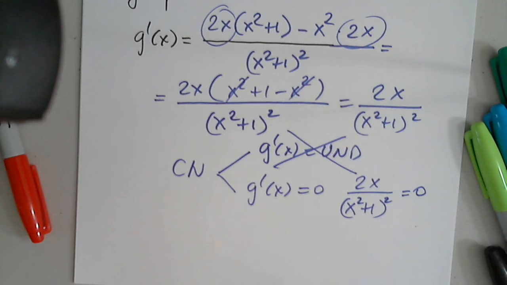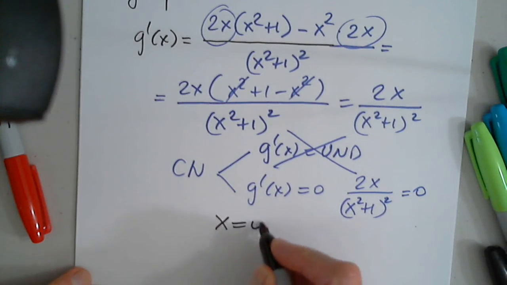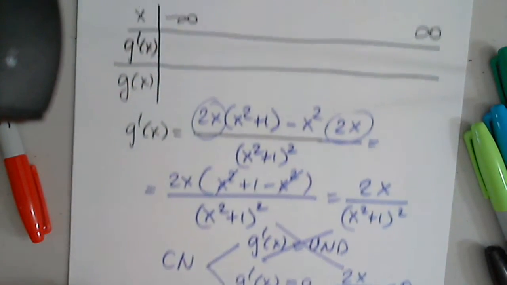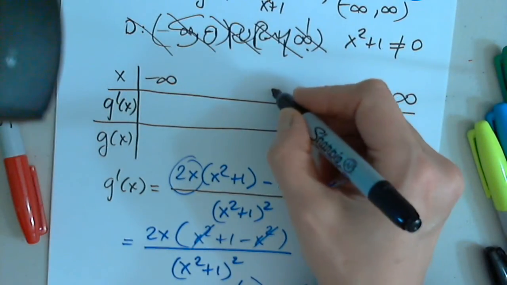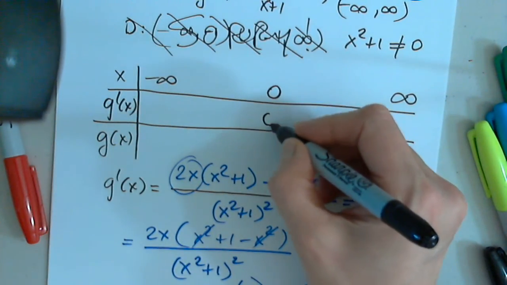Gabby, will you tell us how? Setting the top equal to 0. Good, very good. Thank you very much. So x equals 0. The only critical number is right here, 0.